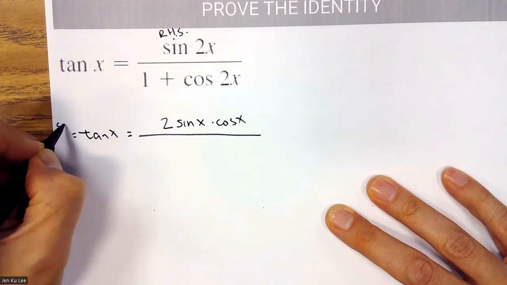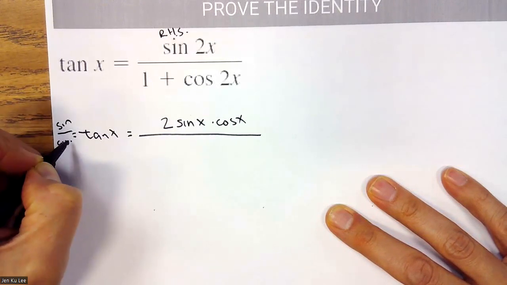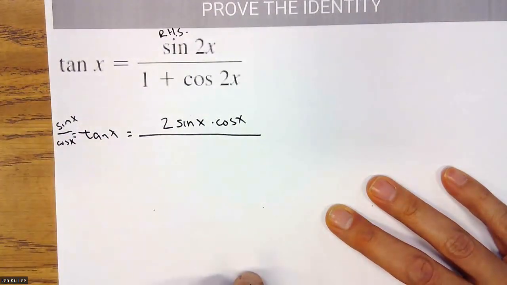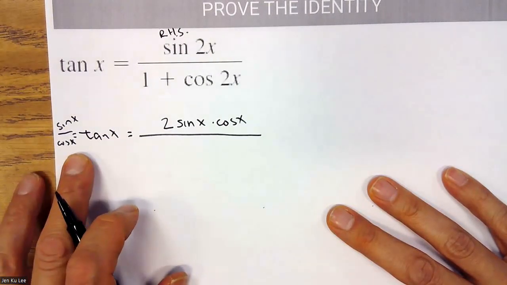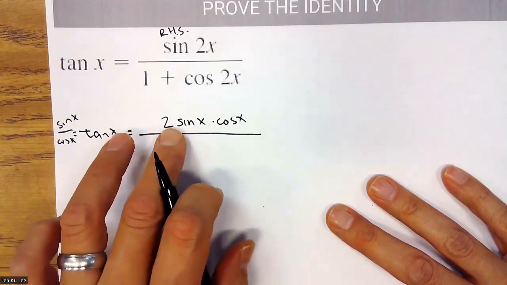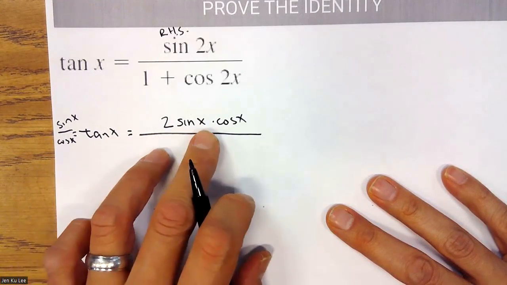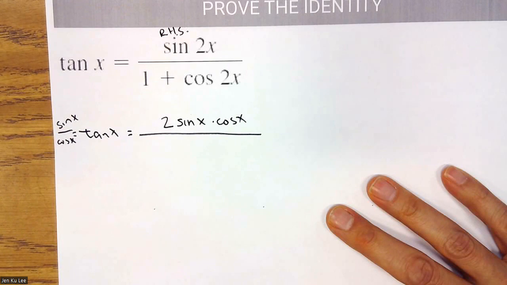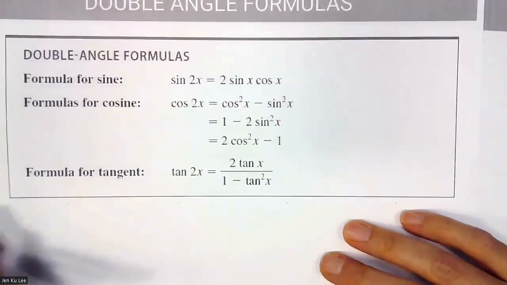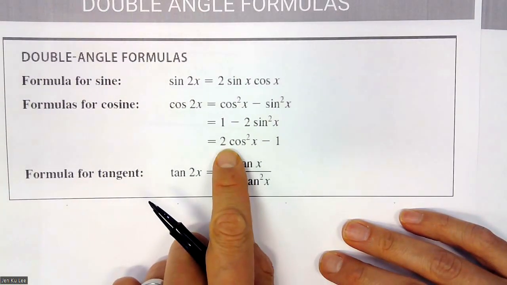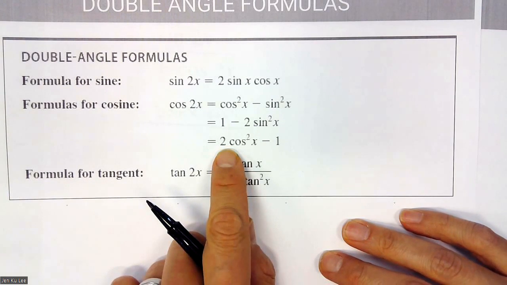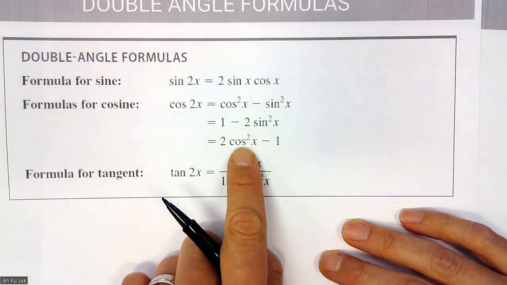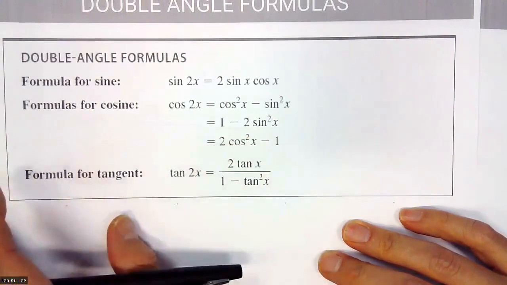Tangent equals sine over cosine, right? I need to get rid of the 2 and the cosine. I already have a 2 here, right? And I have a cosine here. So I'm going to use that.